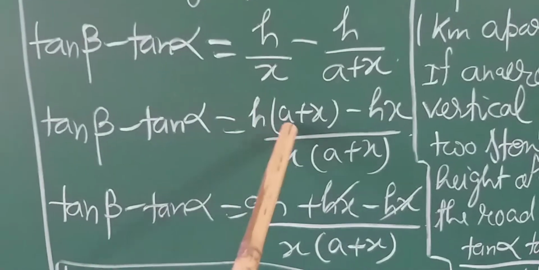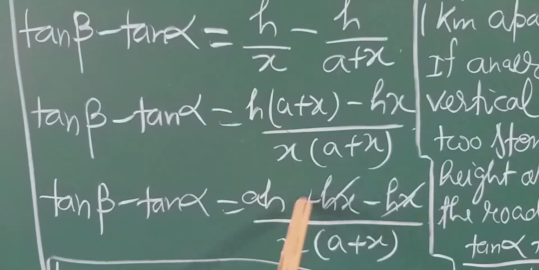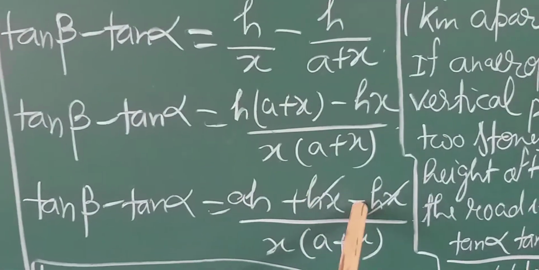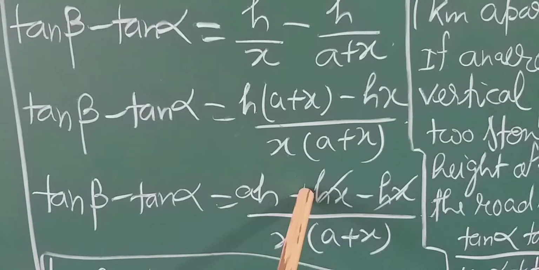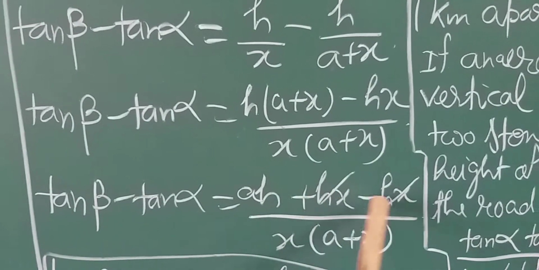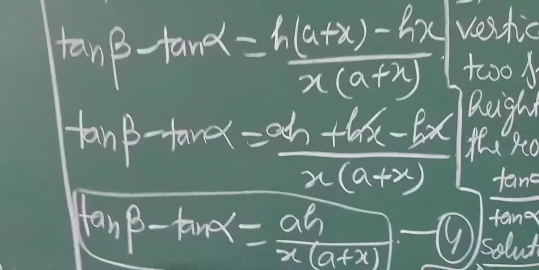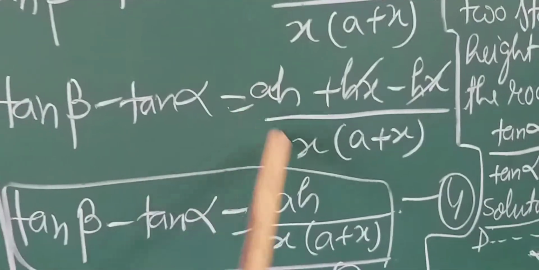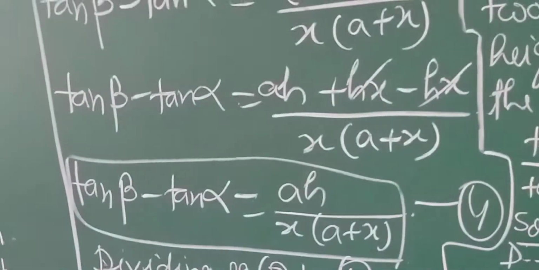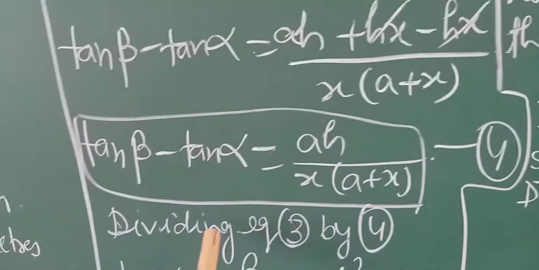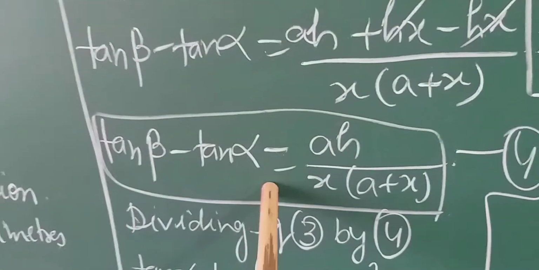So it will be ah plus hx minus hx. One value is positive, one negative, both are equal, so both will be cancelled. Then tan beta minus tan alpha equals ah upon x bracket a plus x. Correct? So we have got the difference also.